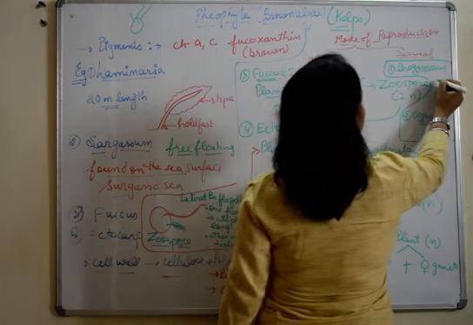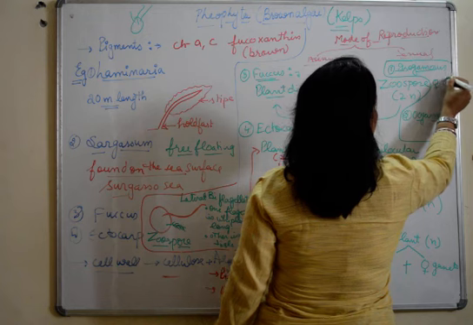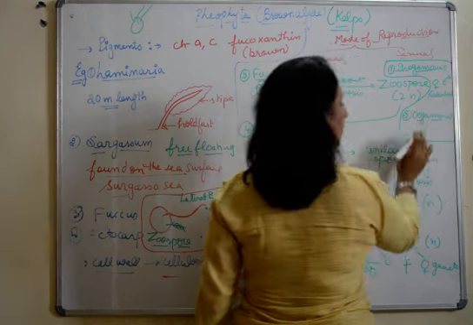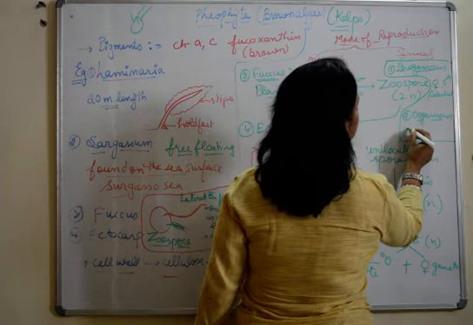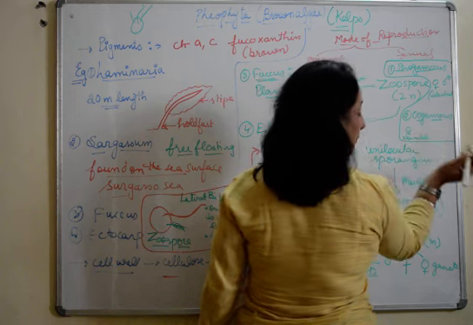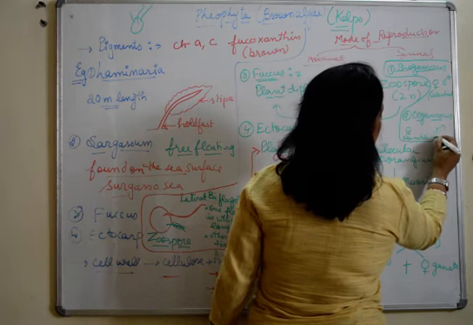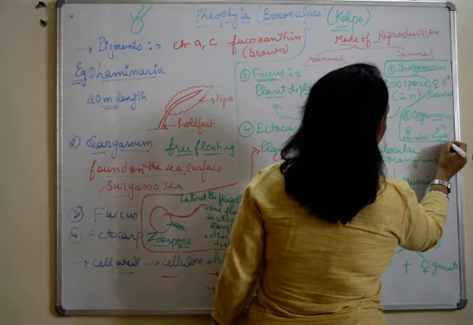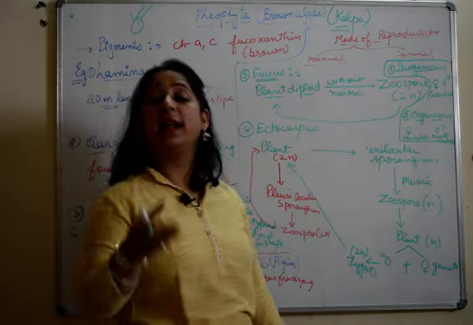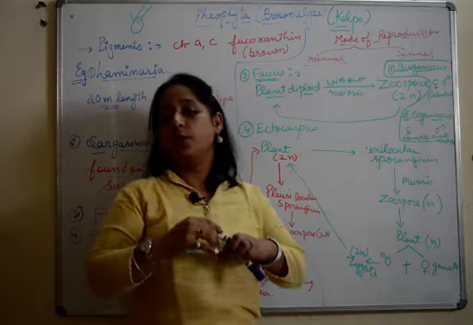Isogamous is where the male and female gametes are identical, and oogamous is where the female is non-motile and big and the male is small and motile, as in humans also, the ova which is stationary and big and the sperms which are motile and small in shape.